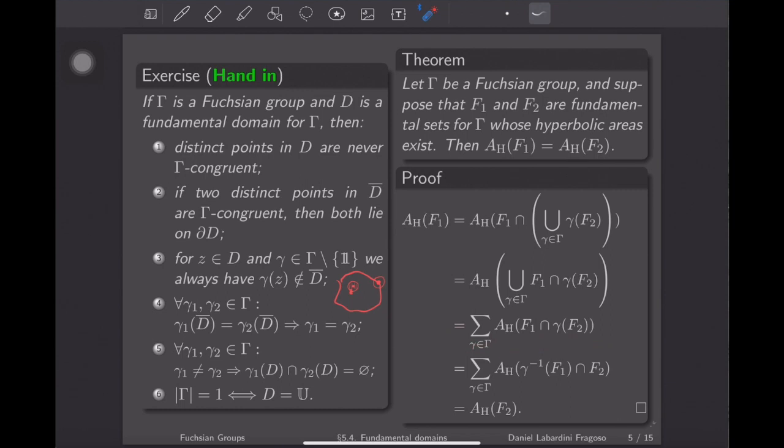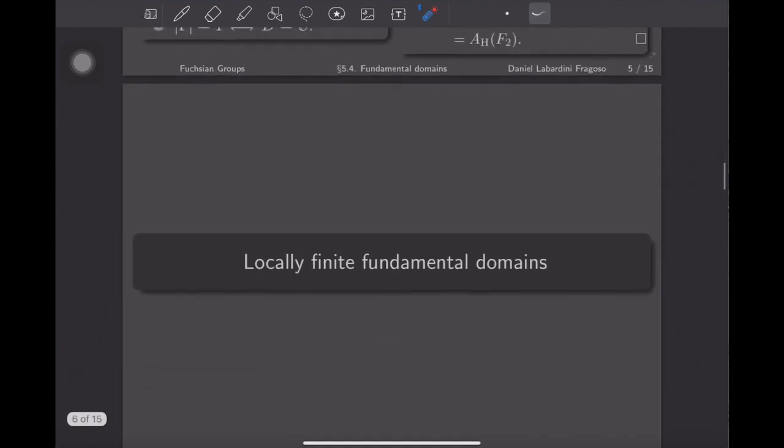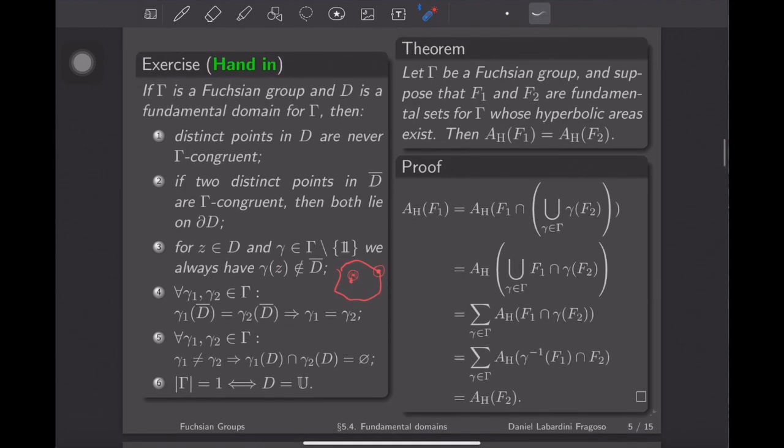And for this it looks clearer to me if we just use the Lebesgue integral. By the way, perhaps before I go into locally finite fundamental domains, here this is a countable sum. In other words, gamma, a Fuchsian group, is always countable.